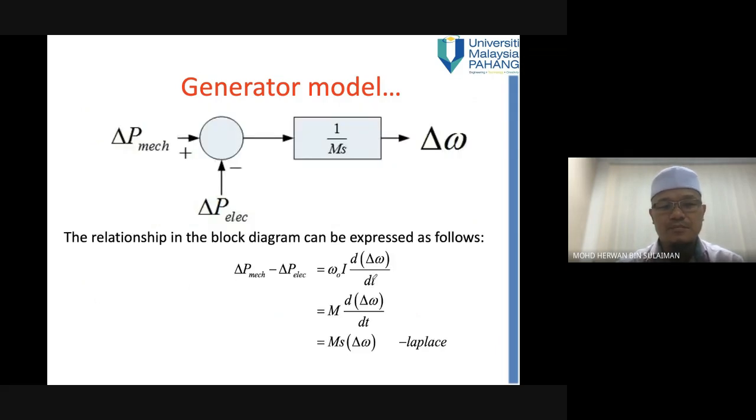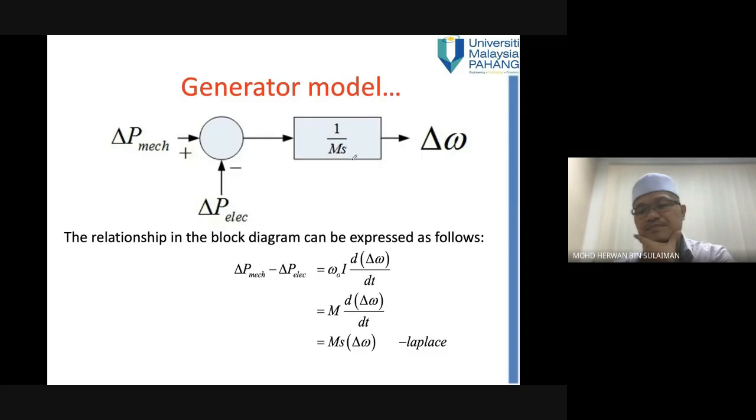Okay, so this is the model. From that particular block, we can model our generator in terms of Pmac and Pelect, where your Pmac and Pelect normally will contradict each other. So we have delta Pmac, meaning that you have the difference of the mechanical power, plus and minus, meaning that it's minus Pelect, and then you have the block diagram here in Laplace transform.